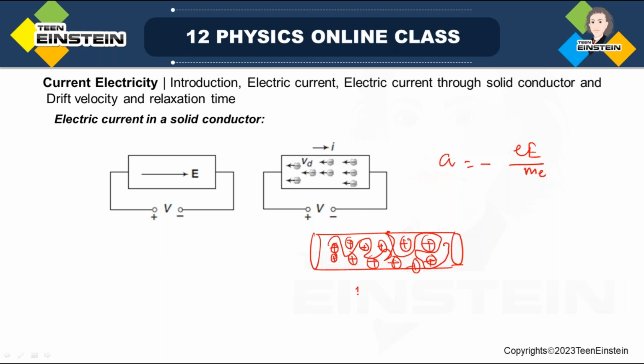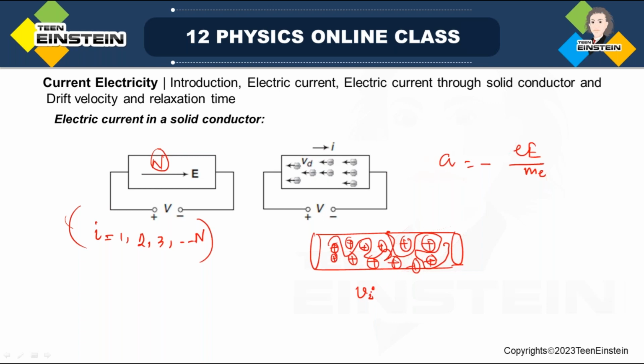suppose the velocity of the ith particle, if there are n particles and i goes 1, 2, 3 up to n, is vi, the instantaneous initial velocity of each electron.